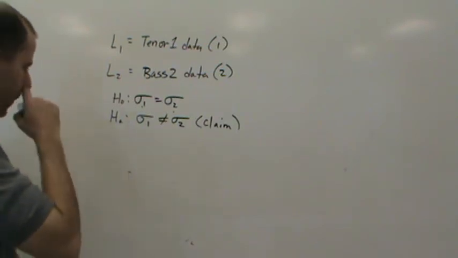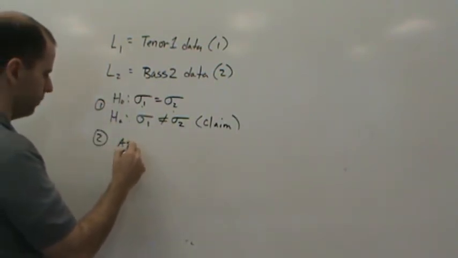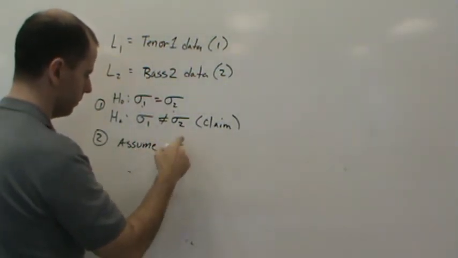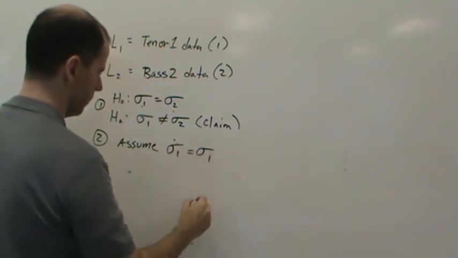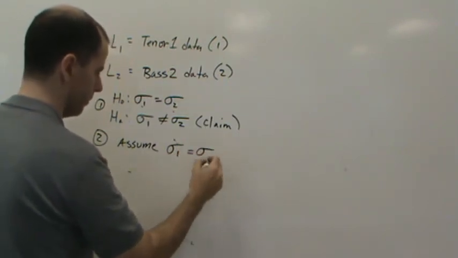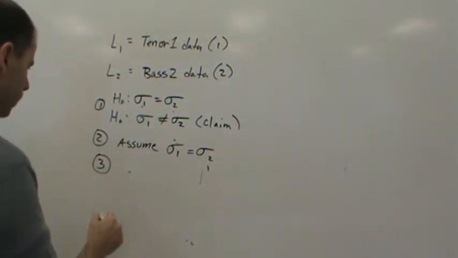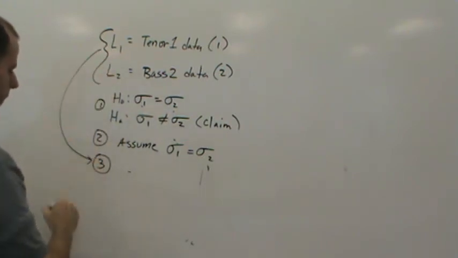Just like before, step 2 is we're going to assume there's no difference. Then step 3 is, what data do they give us? They give us the data here. I'm not going to write it down, but that's what I would do.